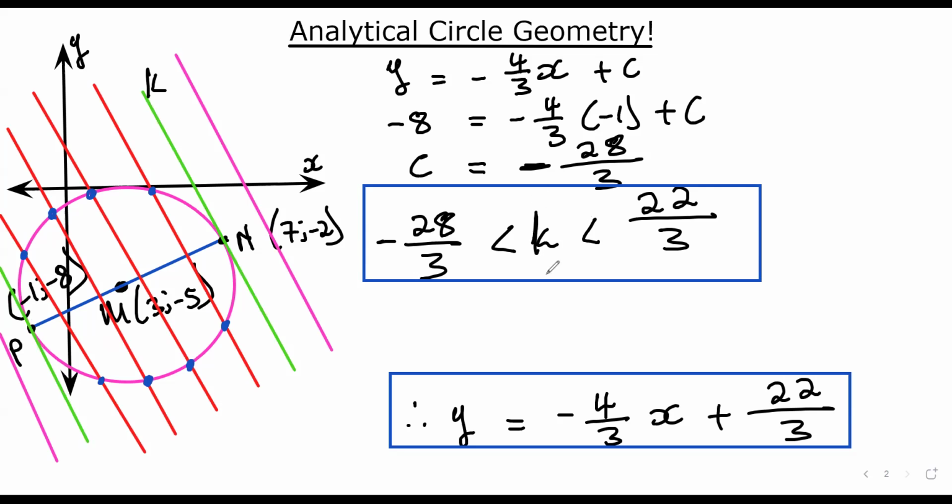And the value of k, which is a y-intercept, will have to be between those two y-intercepts. Think of it. When the y-intercept is 5 maybe, or 10 maybe, or when the y-intercept is 0, oh no, it can't be 0. What am I saying? That's the x-intercept. But yeah, when the y-intercept is somewhere there, these straight lines are going to be secants to your circle. That is the meaning of this problem.